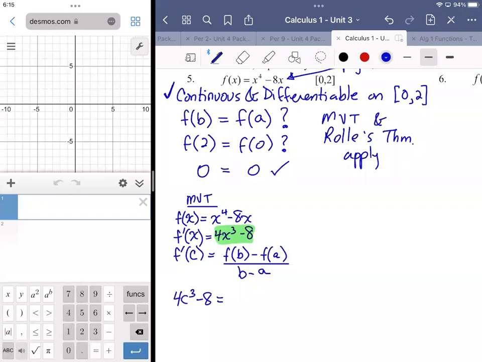And then for the other part, I'm evaluating the original function, f of b minus f of a. The b value is 2, the a value is 0, and we already used that to figure out what f of b and f of a are, and therefore what f of b minus f of a would be. So it's going to be 0 minus 0 over 2 minus 0, which gives us a result of 0.